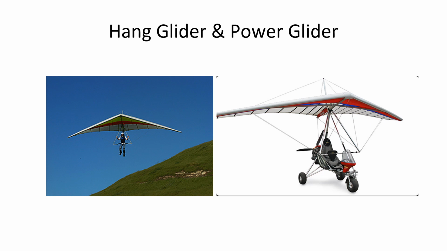The most important typical glider from the start of human evolution is the hand glider, and the evolution of the glider changes into power gliders. These are the basic gliders that people still use.